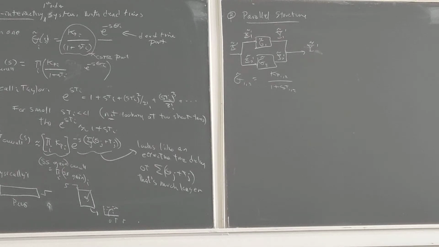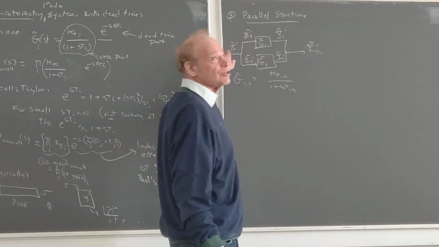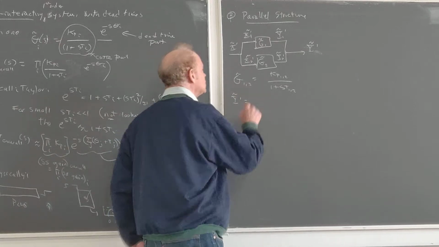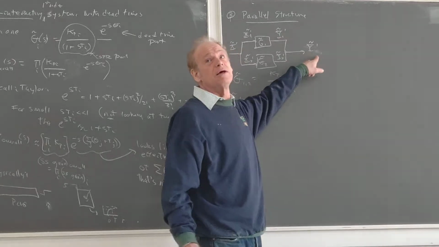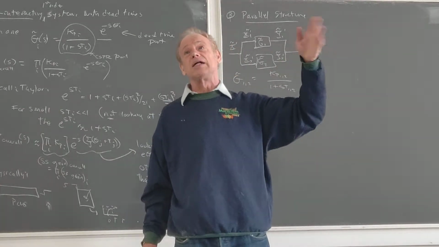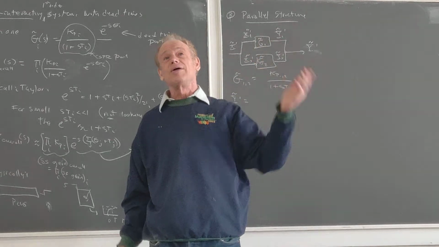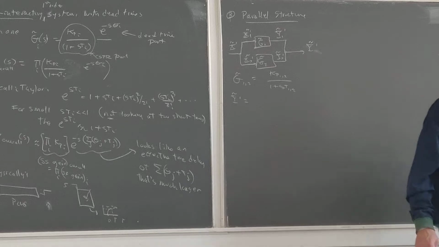Now, from block diagrams, I'm going to need your help here. Remember, if I want to get y prime tilde in terms of x prime tilde, we always start from the right side and then work backwards. When I say right, I mean the heads of the arrows, not the tails of the arrows, because I could have written the mirror image of that. I start from the heads of the arrows to the tails.